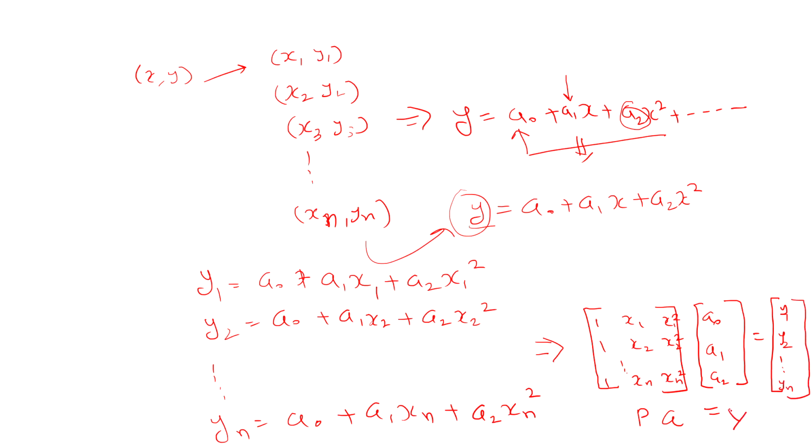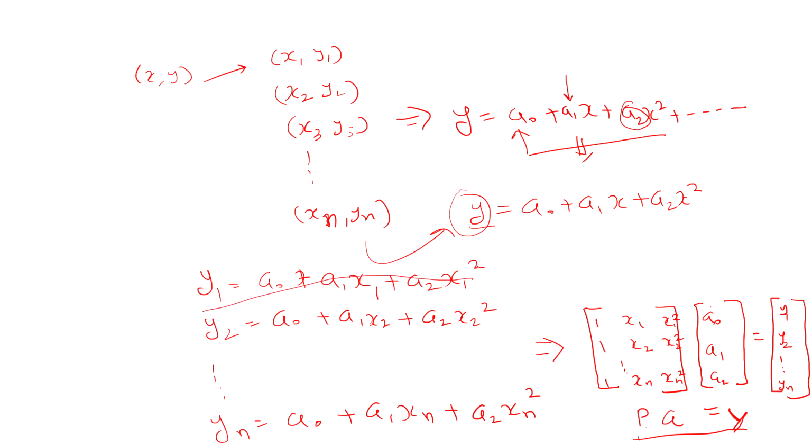So I have this matrix system here, that is PA is equal to y. Now if I can find out the solution of this matrix system, I know the parameters a0, a1 and a2, and that means I have this functional form.